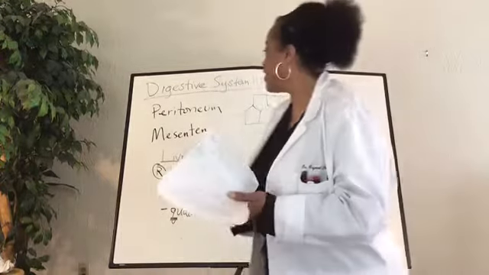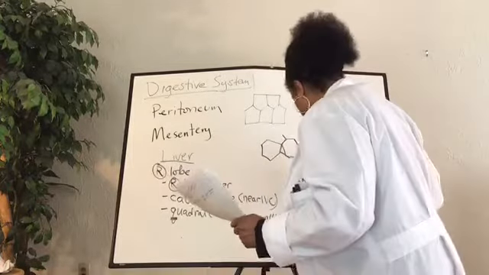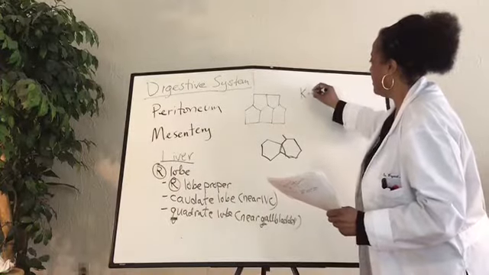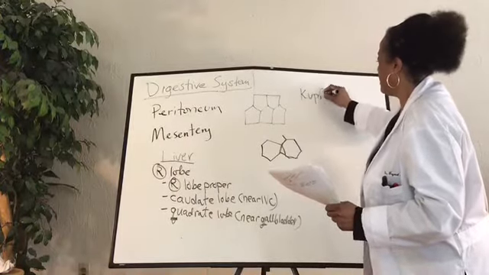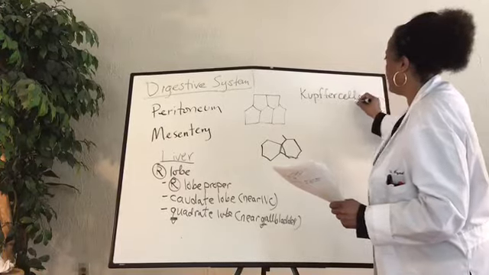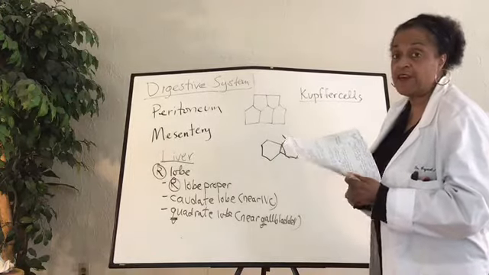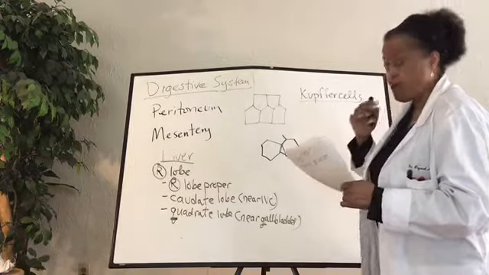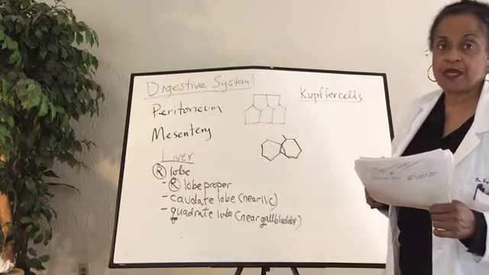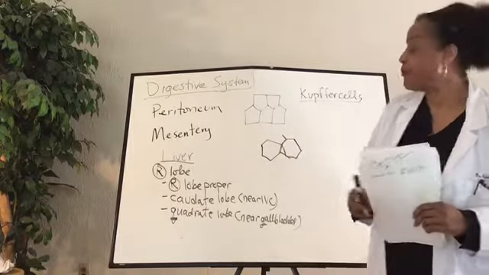This is one that's interesting and unique to the liver. It's called Kupffer cells. Kupffer cells are phagocytic liver cells that remove bacteria and worn out red blood cells and any other particles from the bloodstream.